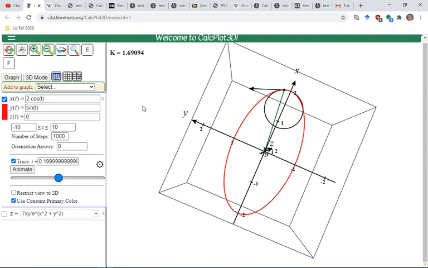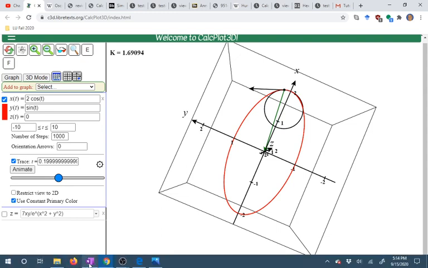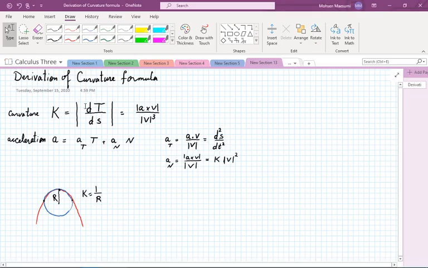So we promised to go ahead and derive the formula for this thing. Let's see what is involved here. Let's remind ourselves what the definition was. The definition was the rate of change of the vector of unit length that is tangential to the curve with respect to the arc length. So what does that mean?